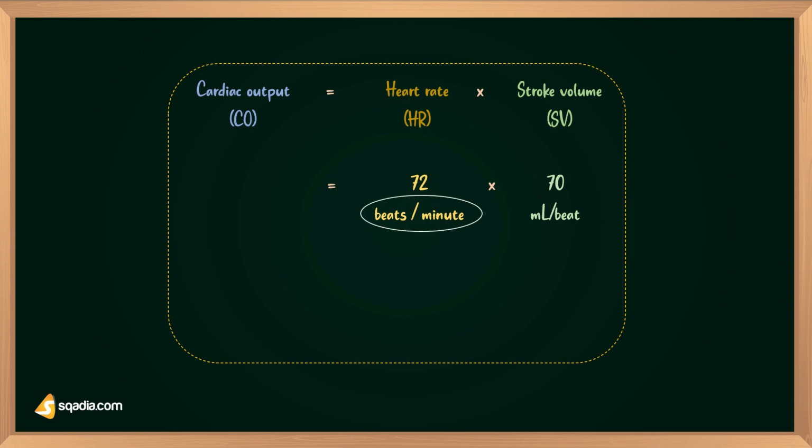The unit of heart rate is BPM, or beats per minute, and that of stroke volume is milliliters per beat. To find the unit of cardiac output, cancel out beats, and the remaining unit is milliliters per minute. That is the unit of cardiac output. And by multiplying 72 by 70, we get approximately 5,000. So the normal value of cardiac output is 5,000 milliliters per minute, or it's 5 liters per minute.